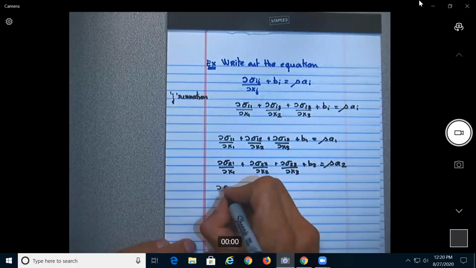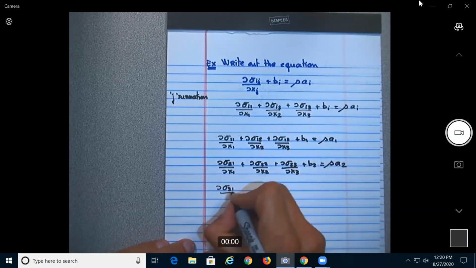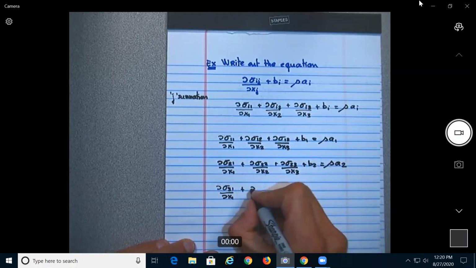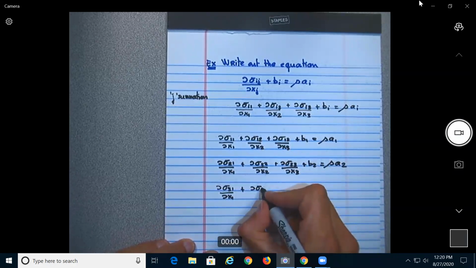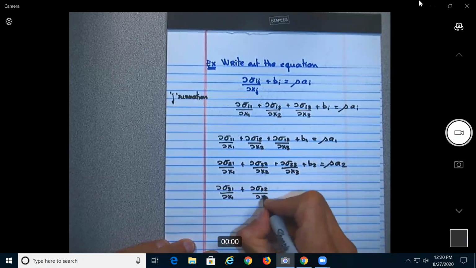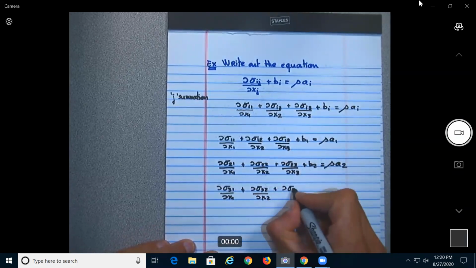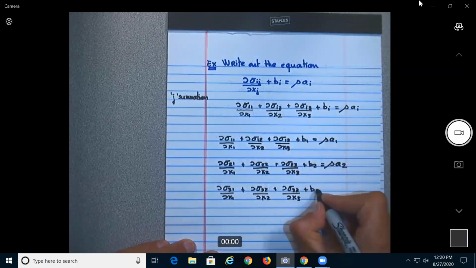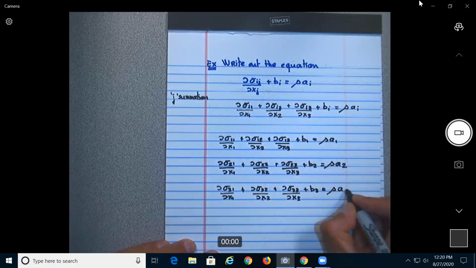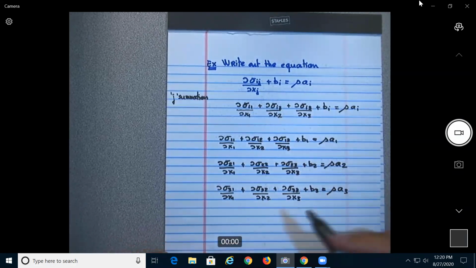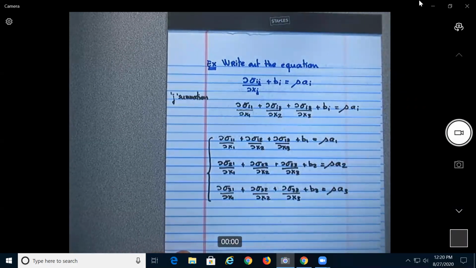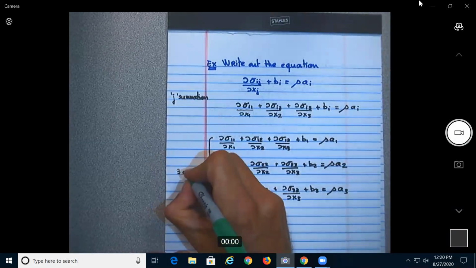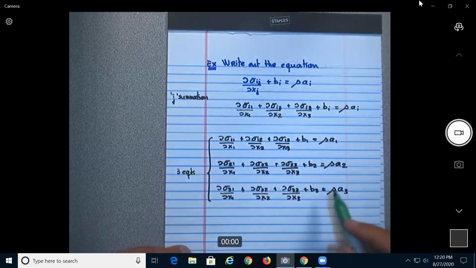And the last one will be partial sigma 31 over x1 plus partial sigma 32 over x2 plus partial sigma 33 over x3 plus b3 equal to rho a3. So really you have 3 equations, okay?